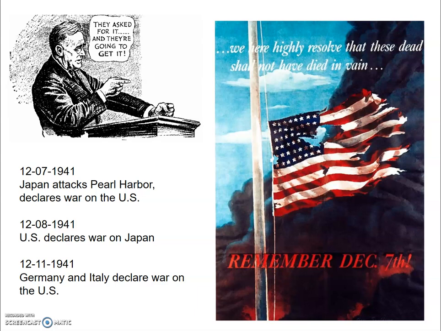December 7th, Japan attacks Pearl Harbor and declares war on the United States. The next day, Roosevelt goes to Congress and delivers the famous date which will live in infamy speech, and Congress resultingly declares war on Japan. 3 days later, Hitler and Mussolini both decide to declare war on the United States and fulfill their obligations to their ally Japan.